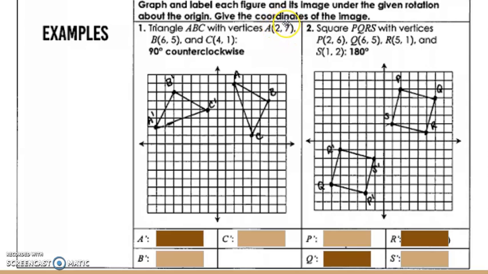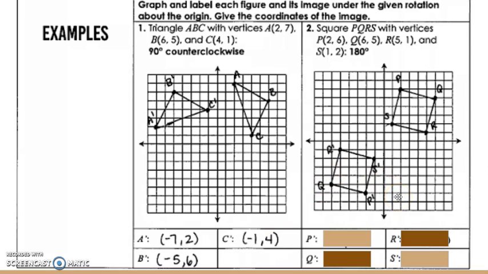So 2 comma 7 flips to 7 comma 2, and then I'm going to negate or do the opposite of 7 and do negative 7. For B, I'm switching 6 and 5, and then I am making 5 the opposite, so negative 5. For C, I'm switching 1 and 4, and then I'm making 1 negative.